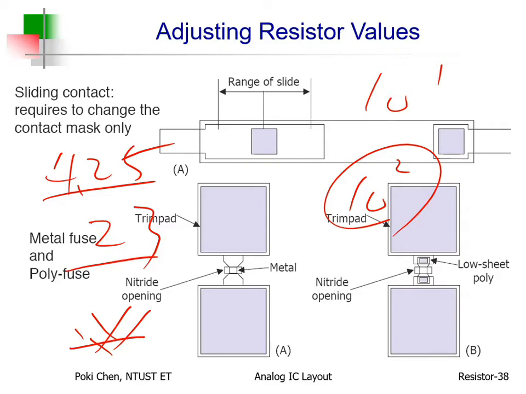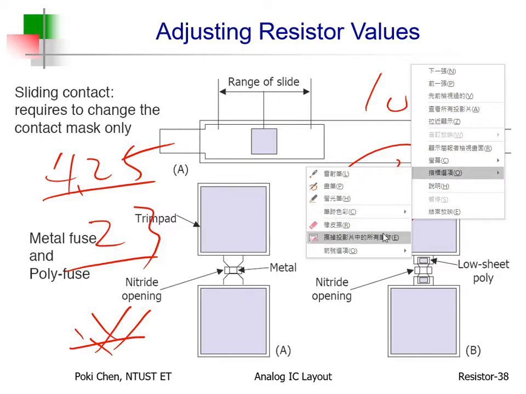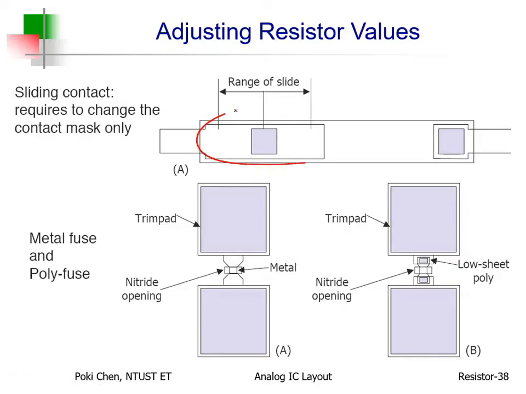There's one way, just like this, with some kind of variable resistor. That is the idea. If I can vary the resistance, then I can please all my customers. One for all.